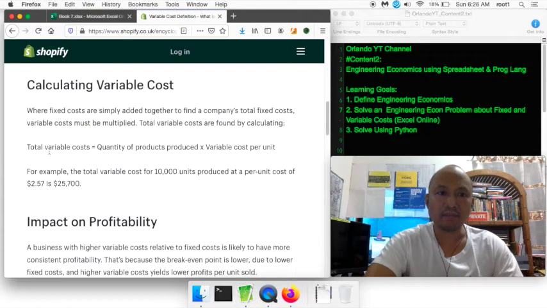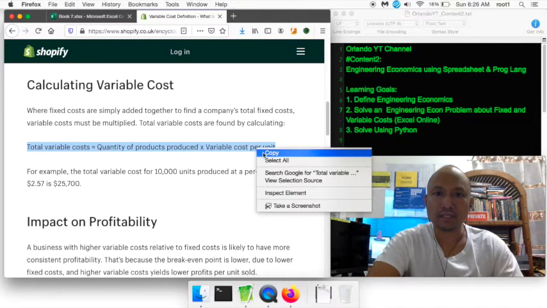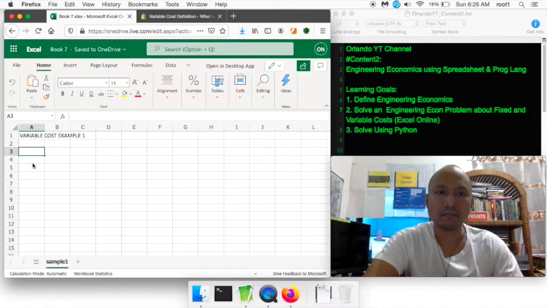We even have a formula here for total variable cost. Total variable cost equals the quantity of products produced, the 10,000, multiplied by the variable cost per unit. Let's type this formula. Let's see if we can copy and paste this here.